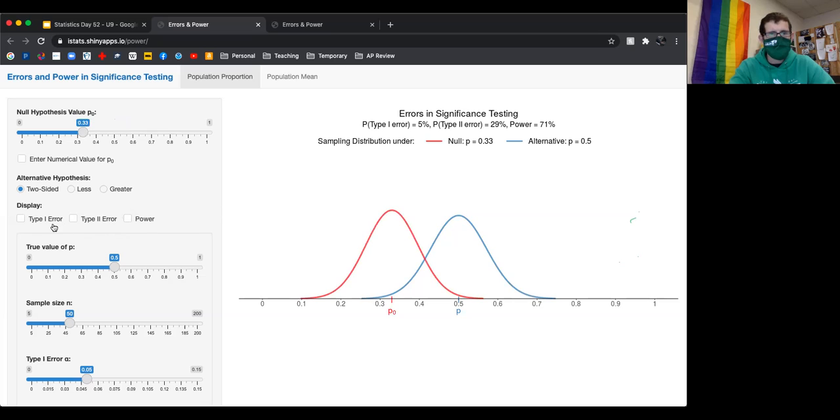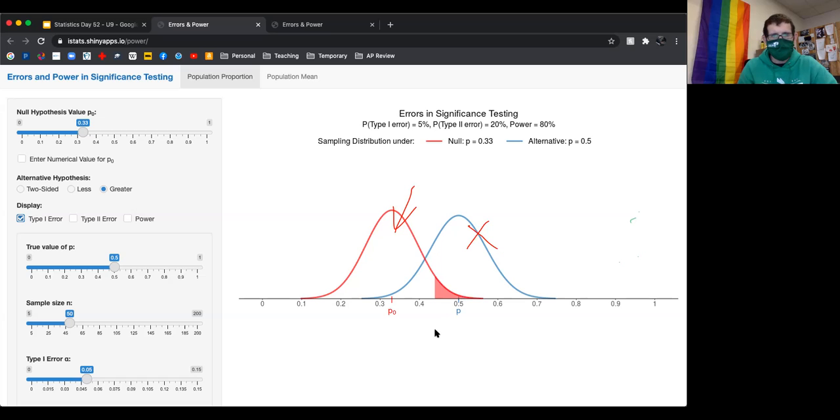So the type 1 error, if we look at this, is our significance level. Let's remember what this means. This represents the whole range of possible outcomes according to the null. If we really think the population lives there, because I need to remind you, we don't ever see this, we don't actually know where the population is.